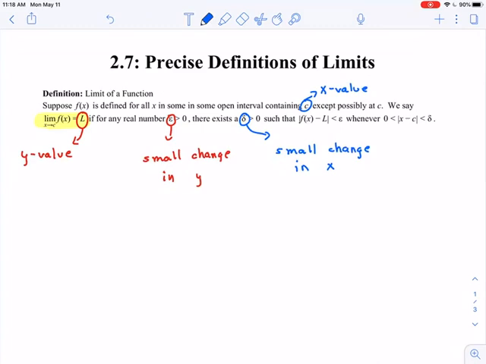That's often the end result of these problems. I'll say, go find a delta that satisfies this criteria, that satisfies then absolute value of f of x minus L is less than epsilon whenever 0 is less than absolute value of x minus c is less than delta.